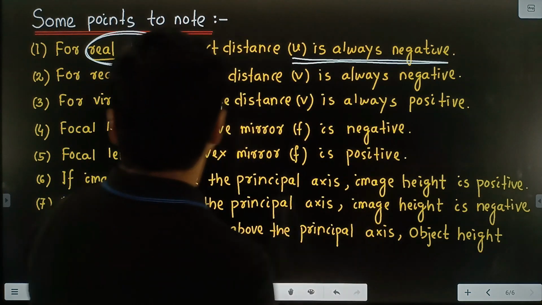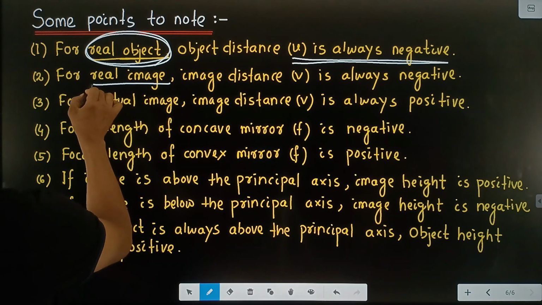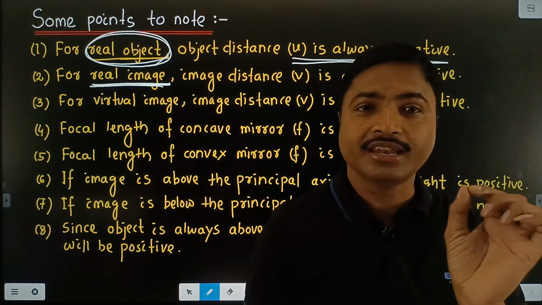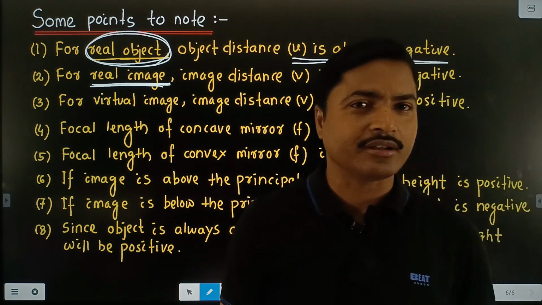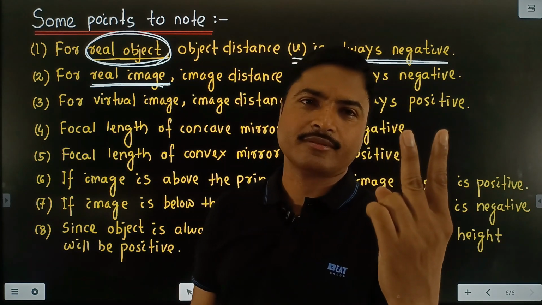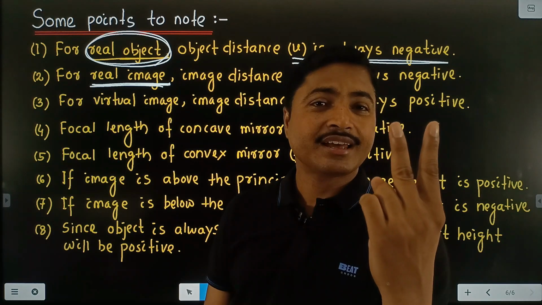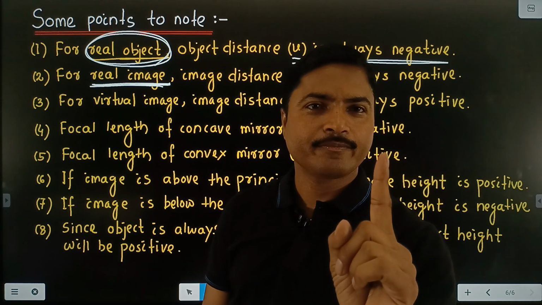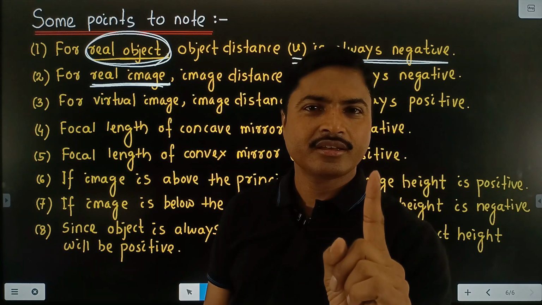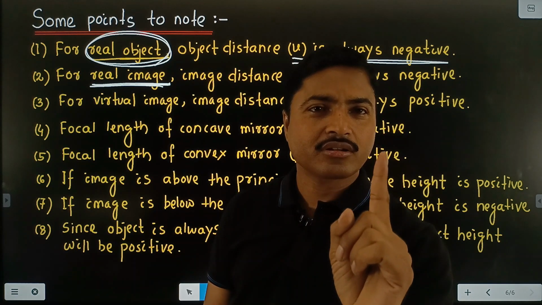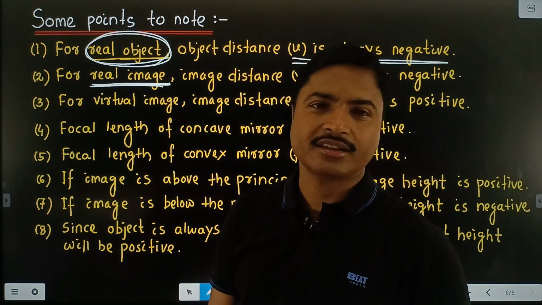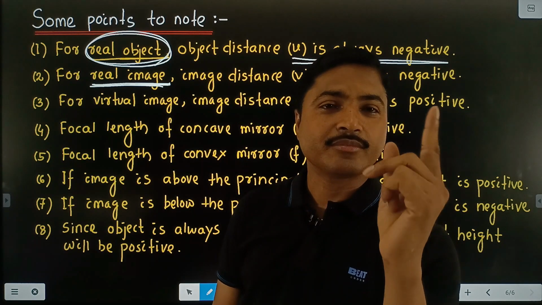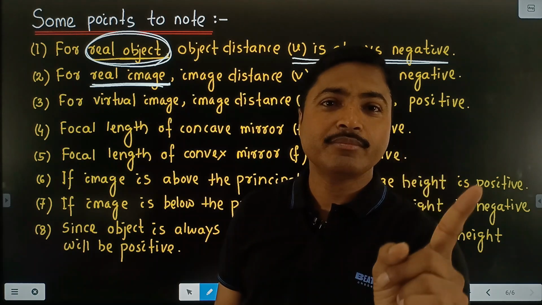Similarly, if the image is real, that means it is inverted. Two types of image are always there. In case of convex, one type of image is there, that is always virtual and erect. That means a convex mirror always produces a virtual and erect image. But a concave mirror produces two types of image, that may be real and inverted, or virtual and erect.